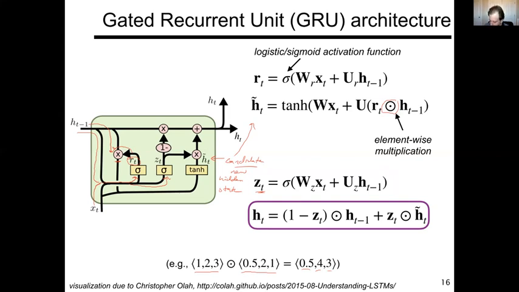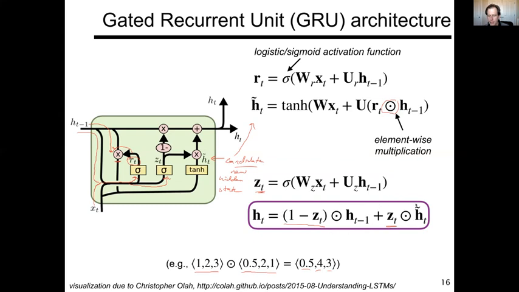Elements of Z should range between 0 and 1. When elements of Z are large, you're going to have a very small update from this first part right here.